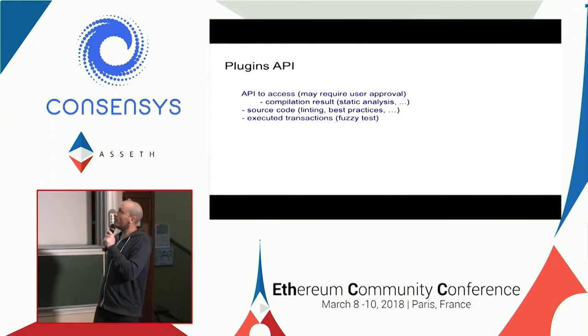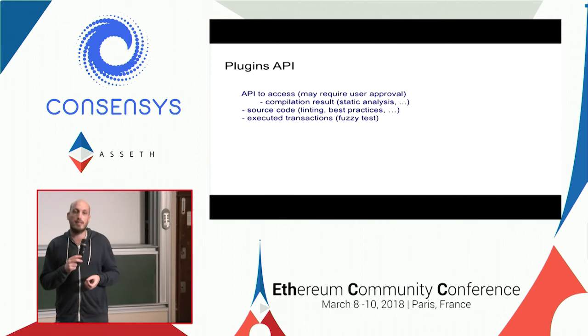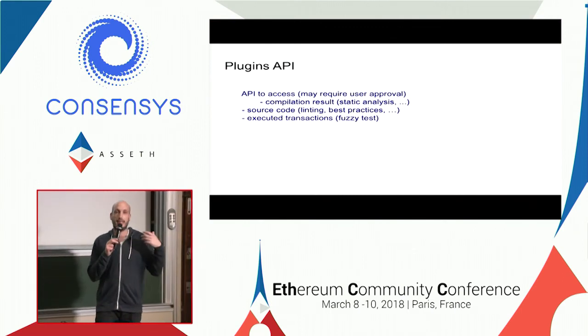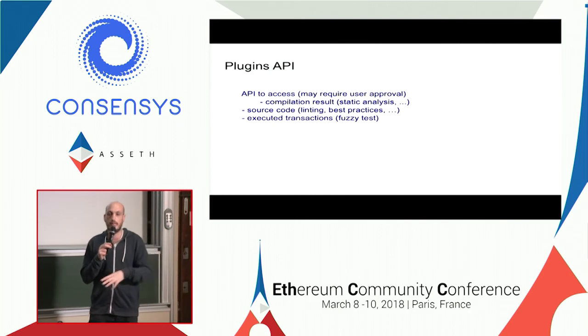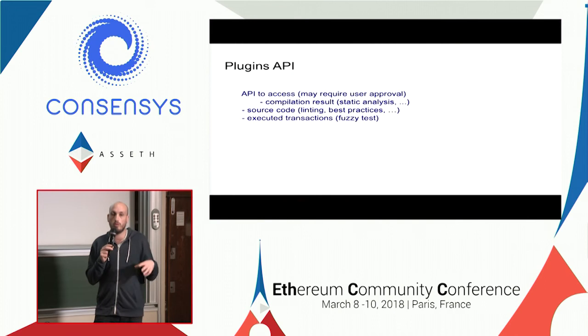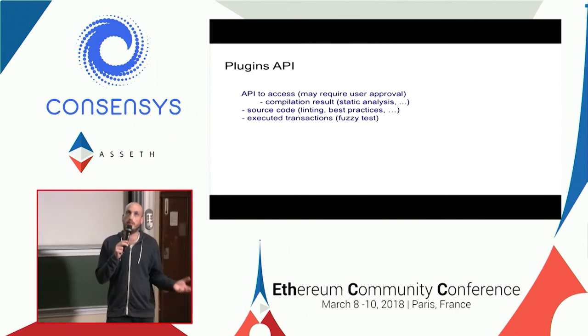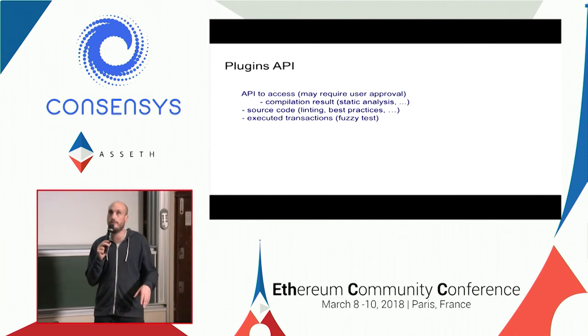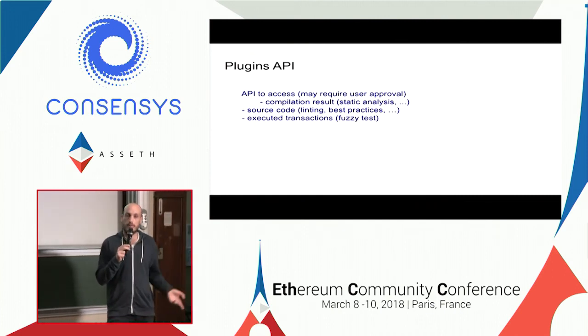What will this API be? Basically, one plugin can access the compilation results to run some other static analysis warnings. One API would be able to analyze the source code of Solidity contracts to improve the linting or to warn users about best practices.